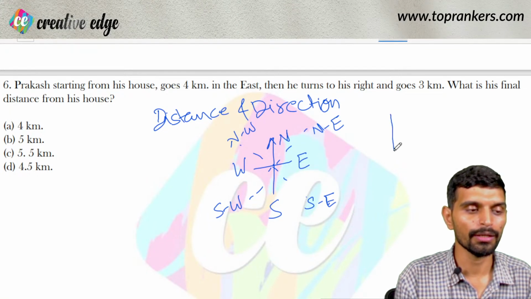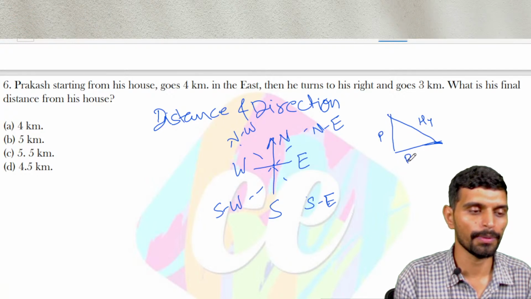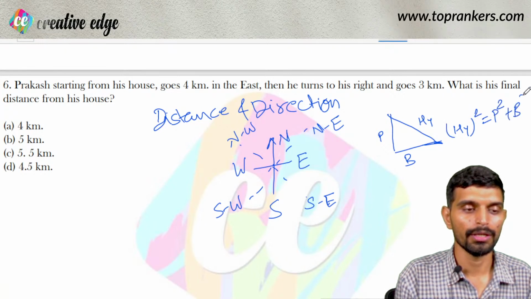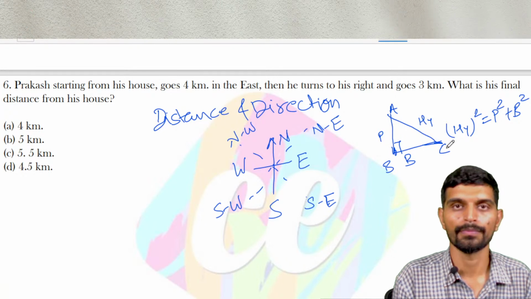Another important thing, you should be comfortable with the Pythagoras theorem, that is hypotenuse square is equal to perpendicular square plus base square. Whenever you are asked to determine the distance between starting point and end point, in most cases you need to apply this Pythagorean theorem, right?